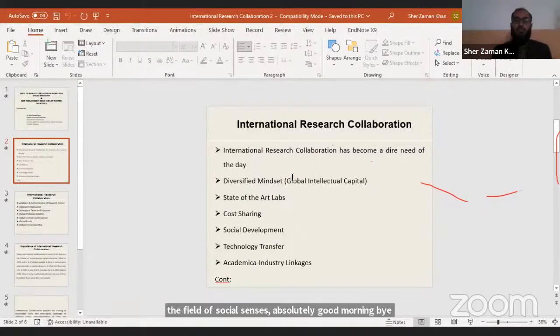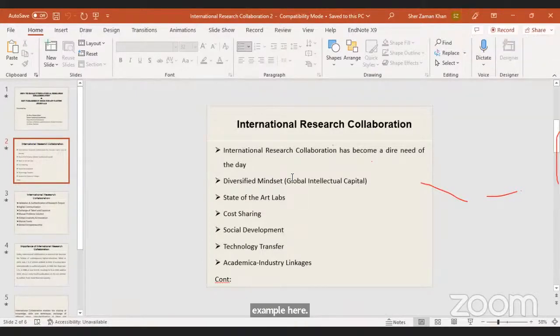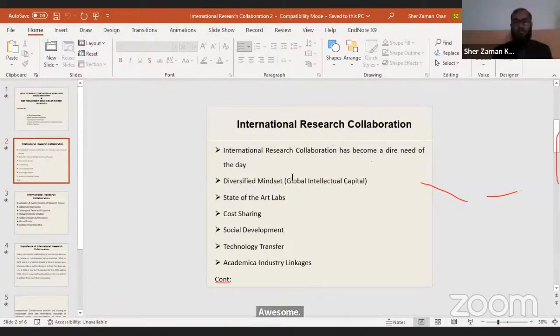Similarly, by building international research collaboration, we can strengthen academia-industry linkages. For example, here I am working as a manager for university-industry linkages, and I have signed MOUs, Memorandums of Understanding, with different industries.